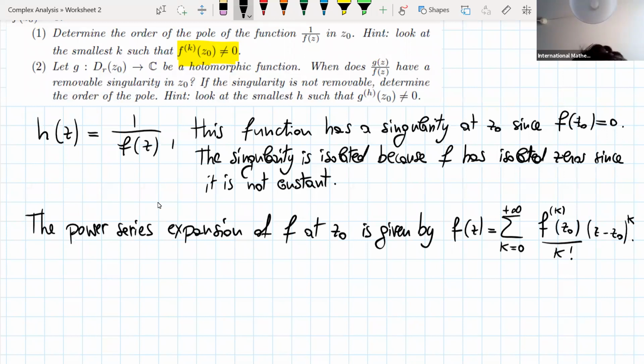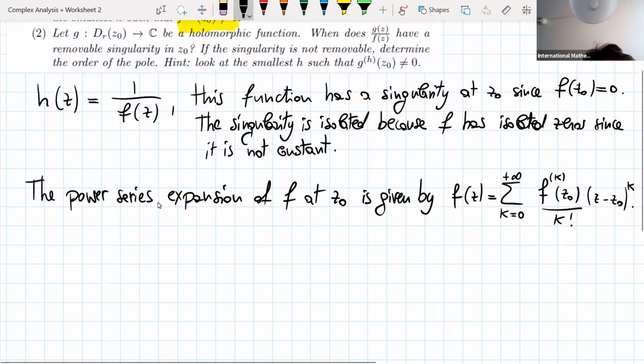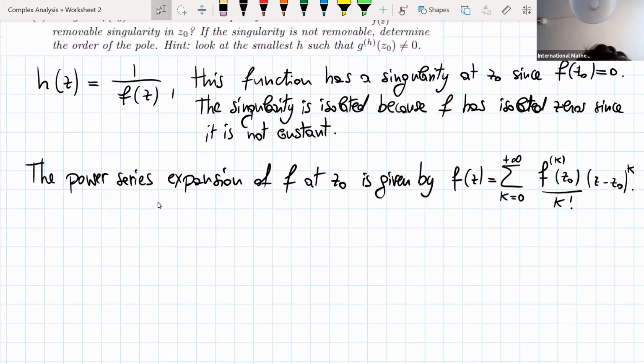So this we know, and now we can consider the smallest k such that the derivative of order k at z0 is different from 0.